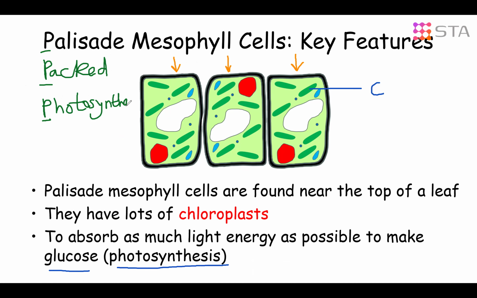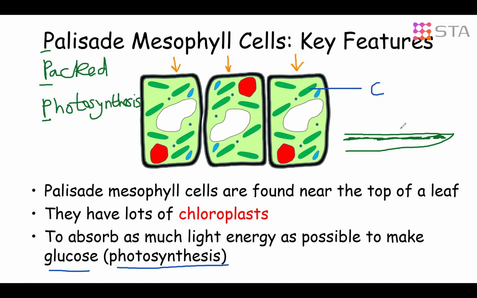Okay, and these are found inside a leaf. They're the main site of photosynthesis, and they are the cells that have the most number of chloroplasts. So if I were to draw you a little side view of a leaf, the palisade mesophyll cells are here, towards the top of a leaf.